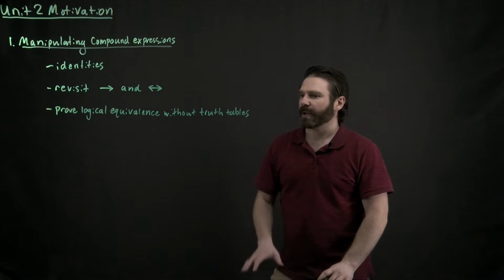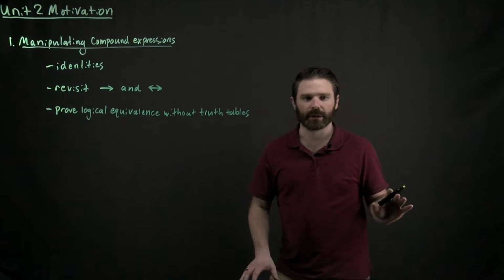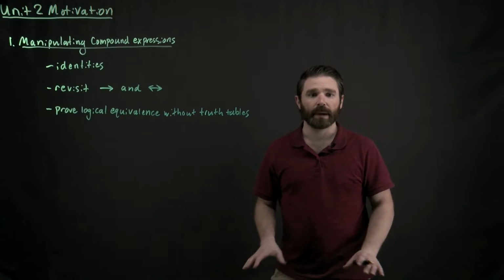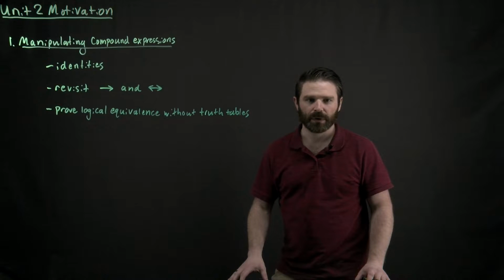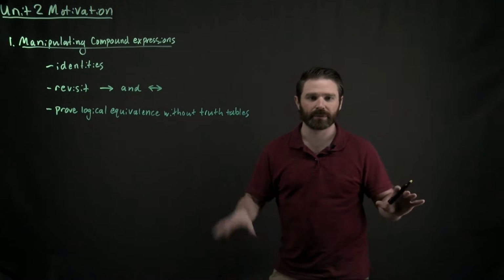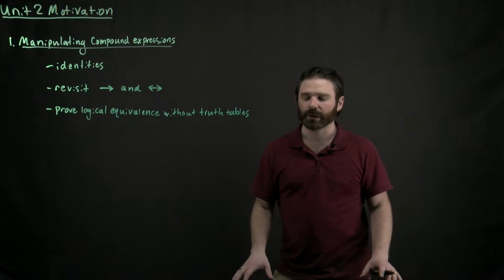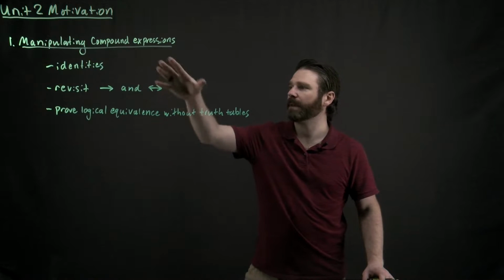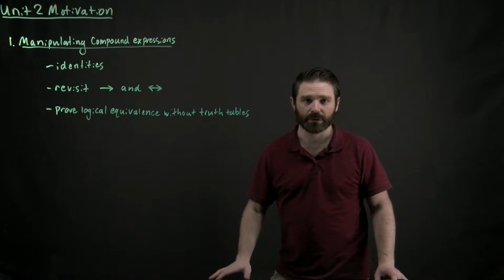As a motivation here, if you want to show that one particular algorithm is in the same complexity class as another algorithm, you might have to be proving some sort of bi-implication statement. Or you might have to show that a couple of different compound expressions are logically equivalent, and you really don't want to have to be writing down truth tables. So what we're going to do is combine these couple of things to be able to prove logical equivalence without actually having to use truth tables.